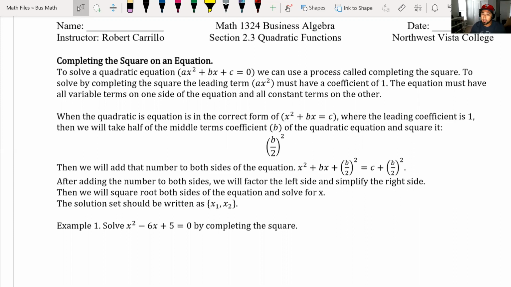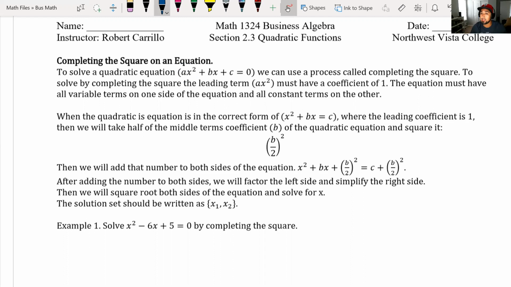To solve a quadratic equation, which is of the form ax squared plus bx plus c equal to 0, we can use a process called completing the square. To solve it by completing the square, the leading term, which is always the term with the highest power, so ax squared is the leading term.